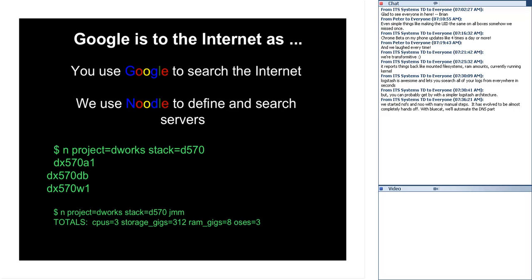Down below is one of these questions that we've been getting asked more and more, and that's how many resources is blah using, where blah might be a project like DegreeWorks, all of the DegreeWorks systems, or it might be a specific school's DegreeWorks stack, which is what's shown here. So it's showing you how much CPU and RAM and storage and how many OS there are.